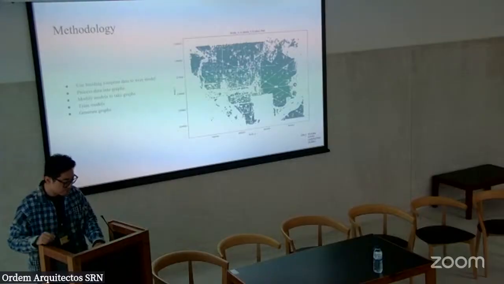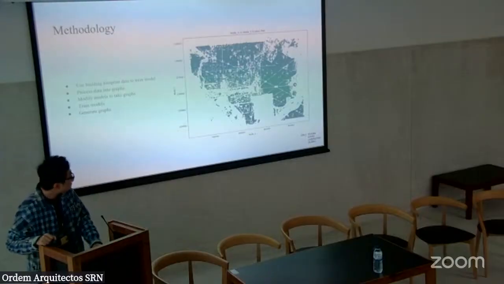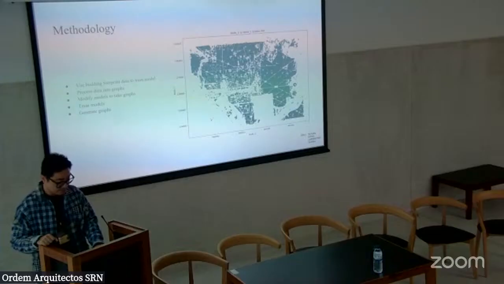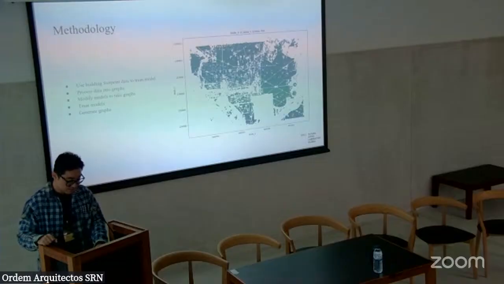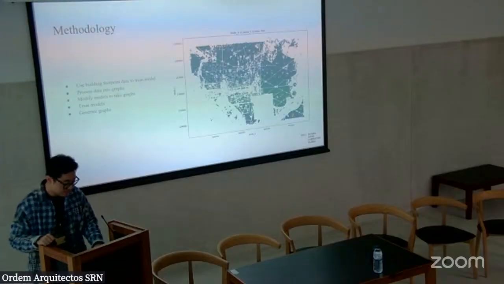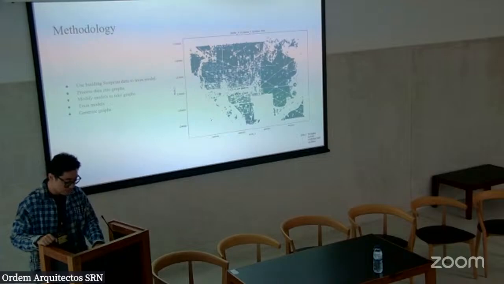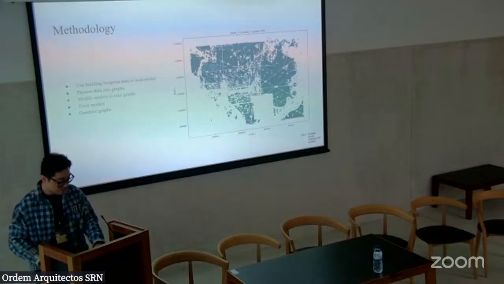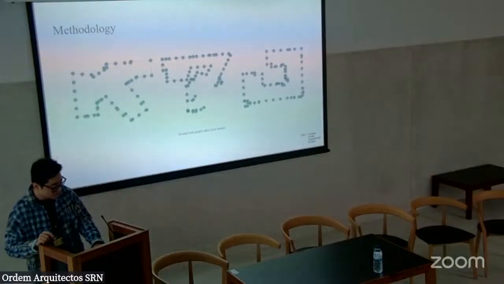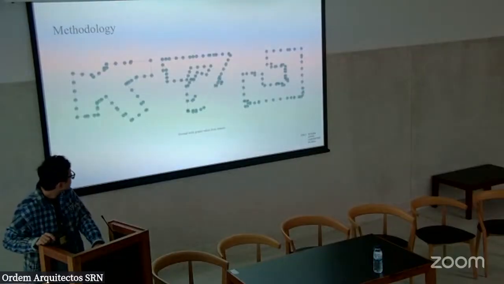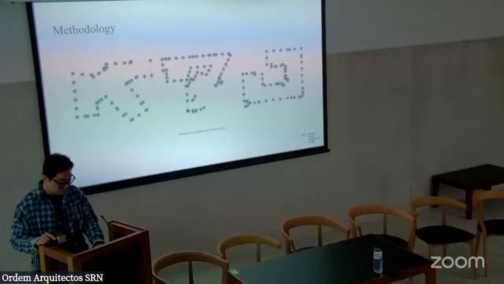So for the methodology, we use building footprint data from Central Washington, DC for our experiments. The data includes key architectural elements such as building outlines, areas, and program types like residential, commercial, among others. We converted this data into graph representations, where nodes represent the points on the building outlines and edges represent the connections between these points.